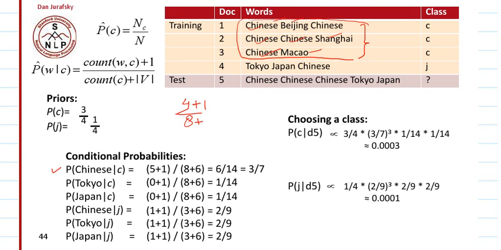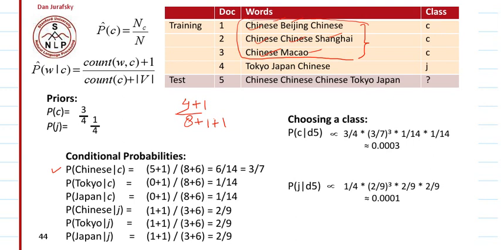I'm assuming that all these words are present once more, right? So Chinese is present once more, so I get a count of 1 for Chinese. I assume that Beijing is present once more, so I again get 1 more count for Beijing. In this way I am having 6 unique words present in the whole training data. I am assuming the same thing for the whole training data, not a particular class.